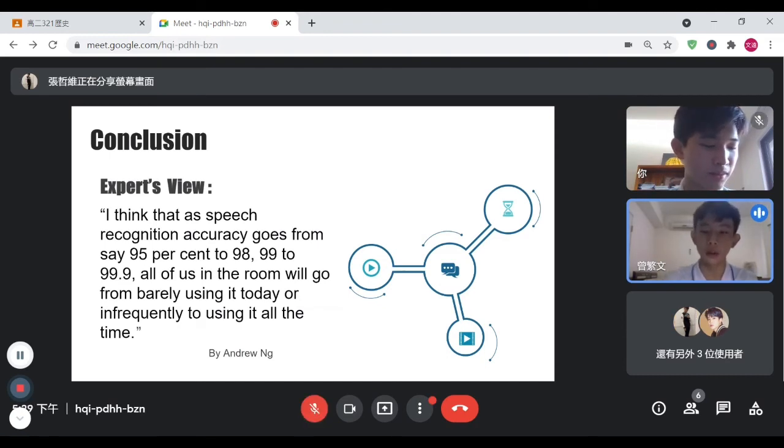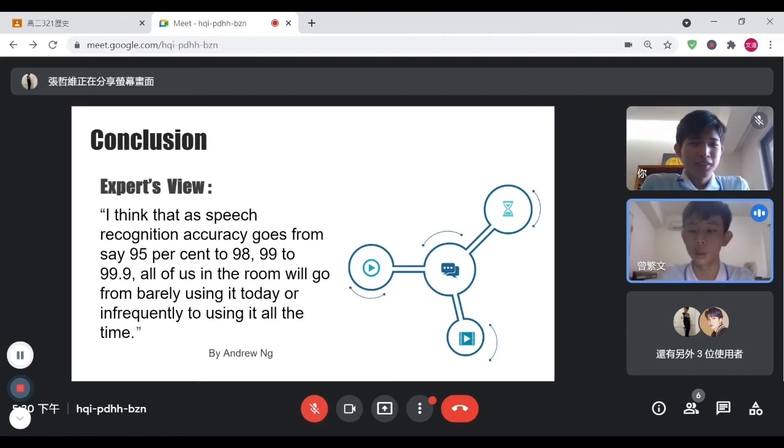So let me summarize what we've said. Speech recognition has become mainstream. We can simply send some words instead of describing by text. That will be more convenient where we are working. In the future, almost every electrical appliance can combine with speech recognition. This technology will be more mature and accurate.